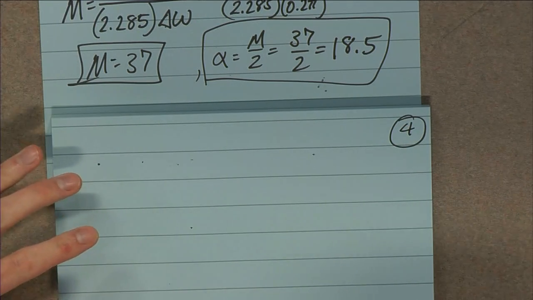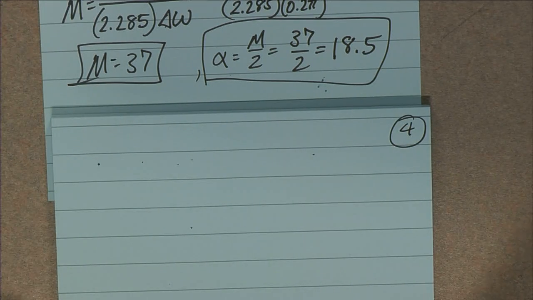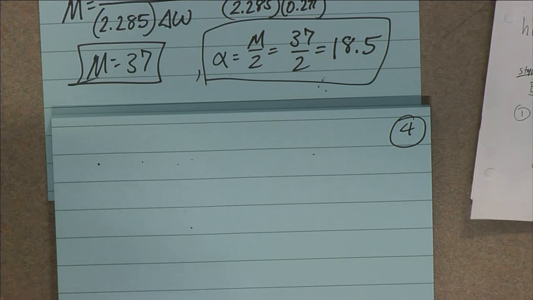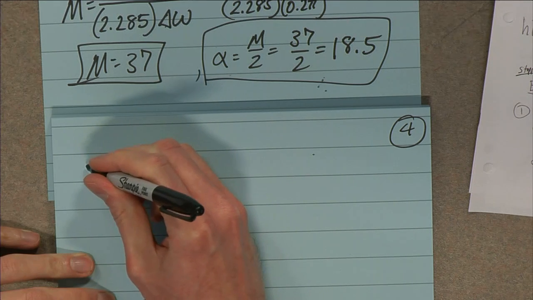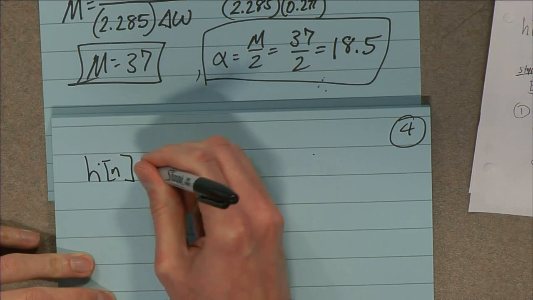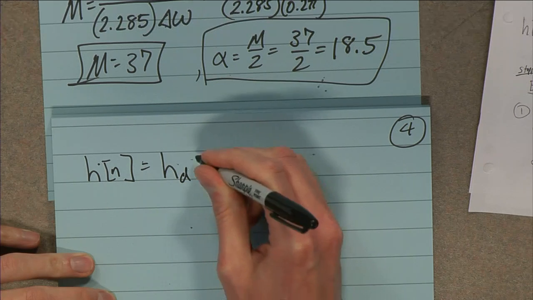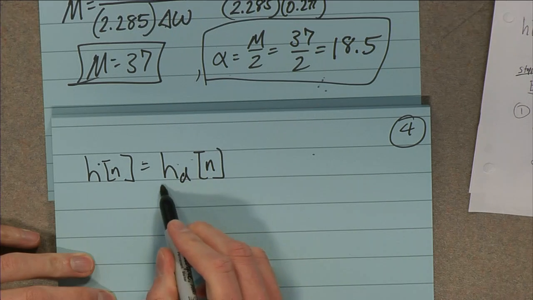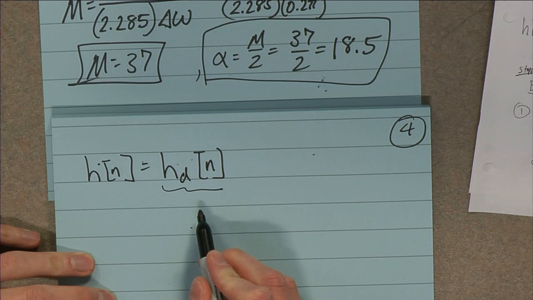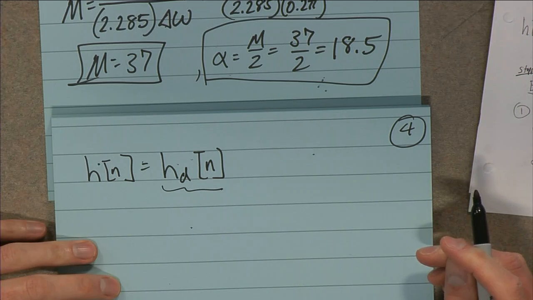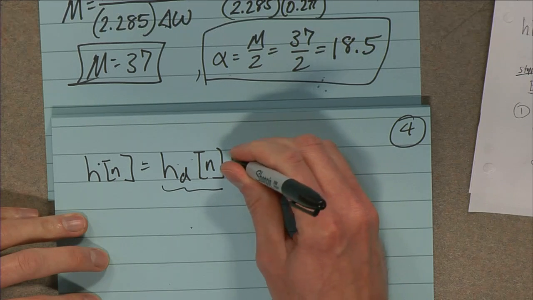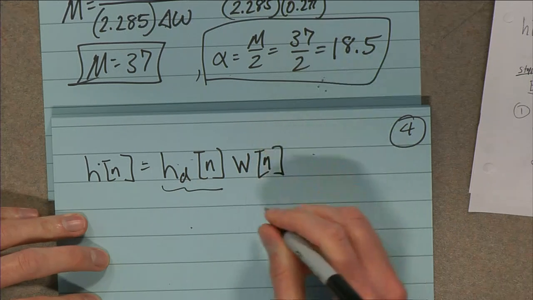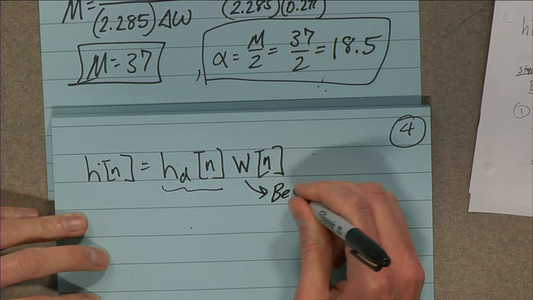And I think last time I wrote out part of it, so that our final desired h of n was equal to this hd of n, that sine x over x sinc function based on the ideal filter response, times what we were calling w of n, which is the window. And this is the Bessel function.